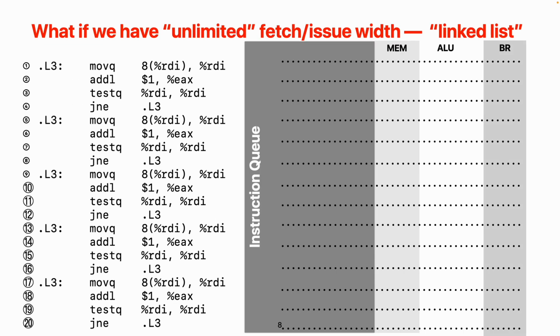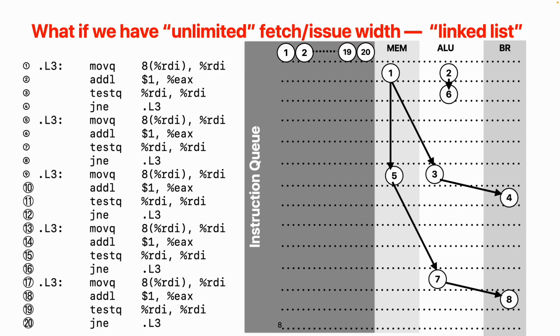The reason why I'm saying that is that simply the hardware innovation is not enough. Through data flow analysis in scheduling linked-list-based code, as you can see from this data flow graph, we drew the graph based on the assumption that we have unlimited fetch and issue width.